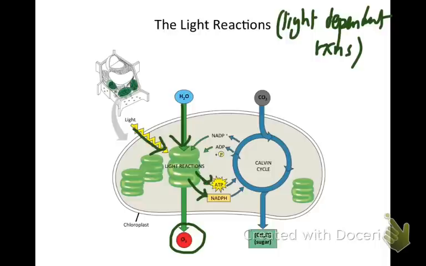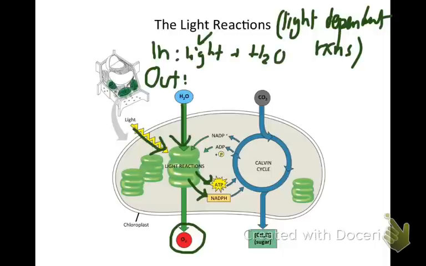Okay? So right now, in your notes, you should write, for light reactions, what goes in and what goes out. So, one more time, light and water go into the light reactions.